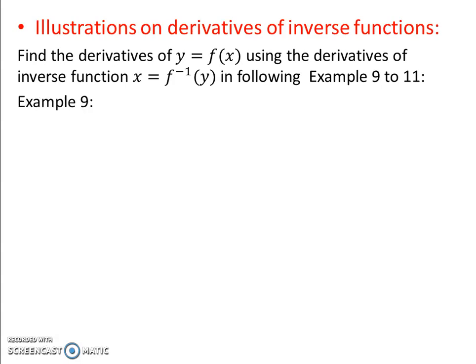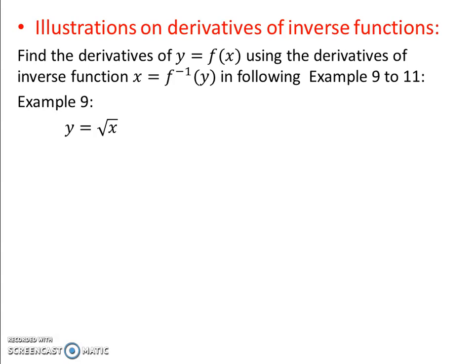So let's start with example number 9. y equal to root x. We know the answer, that answer is 1 upon 2 root x, but we have to use the inverse function to solve this. To find the inverse function, first we have to express x in terms of y.